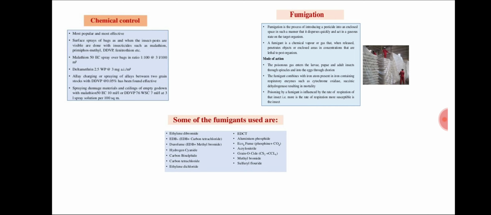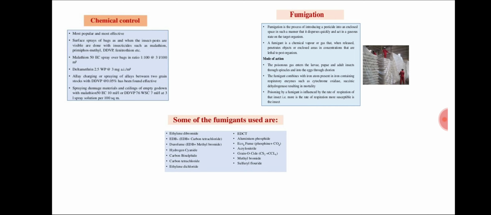Malathion 50 EC is sprayed over the bag at 1:100. Deltamethrin is also used to control the infestation.